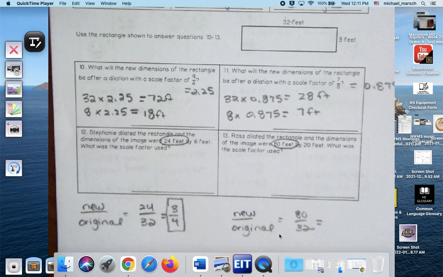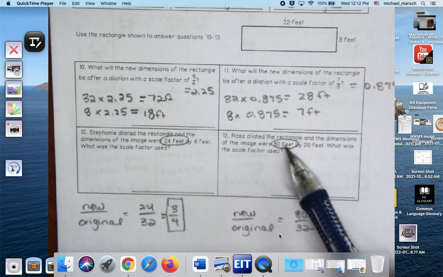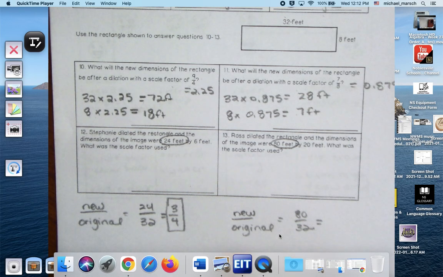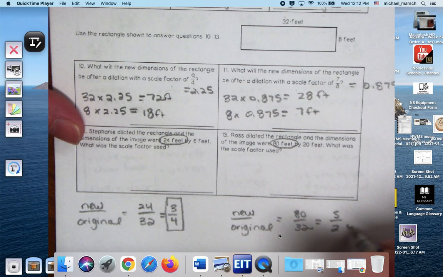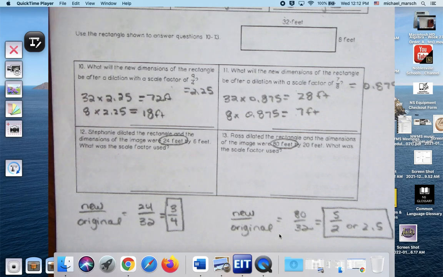So there's a lot of things you can help yourself out with, like common sense, like yes, this number has to be greater than 1 because 80 is greater than 32. What'd you get? 2.5, which is the same as 5 over 2. Nice job.